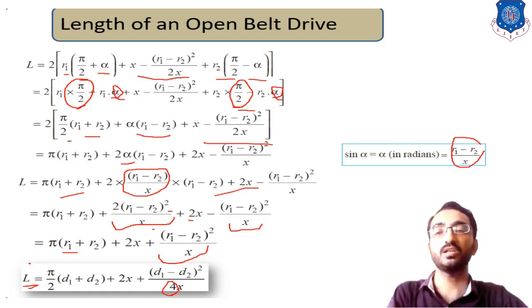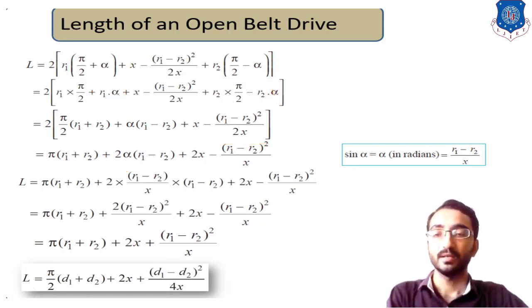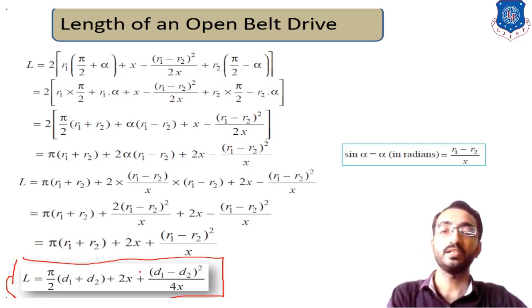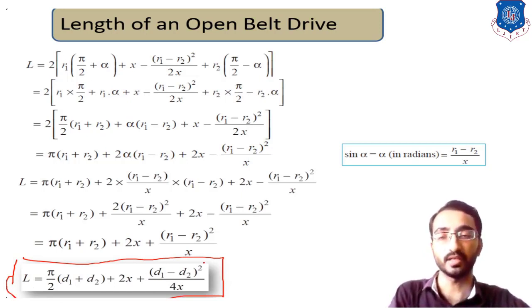So the final equation of length of open belt drive can be written as pi by 2 of (d1 plus d2) plus 2x plus (d1 minus d2) whole square upon 4x. This equation is very useful for calculation, and numericals based on the length of belt drive are sometimes asked in GTU examination.